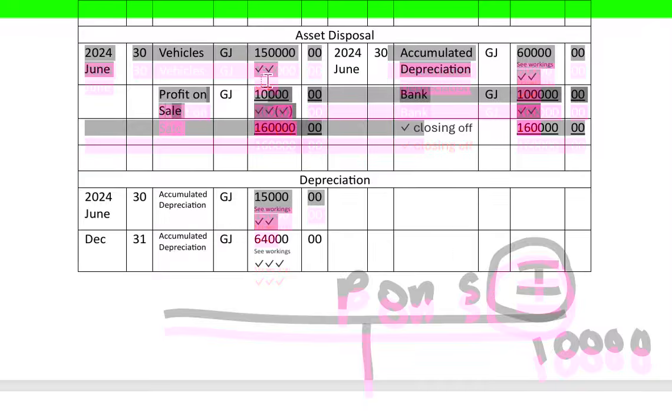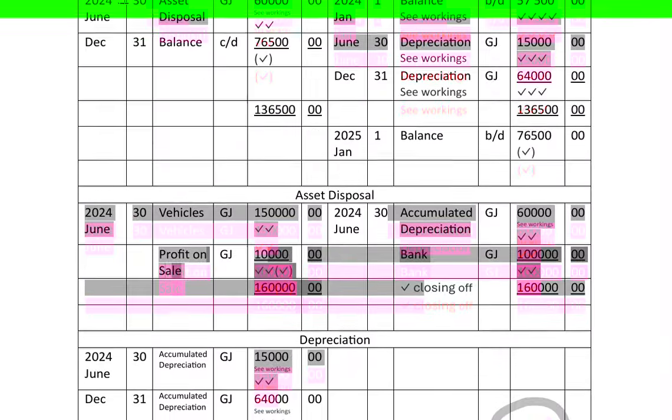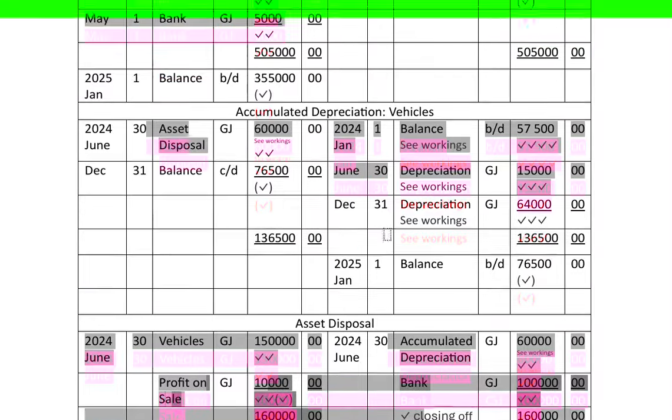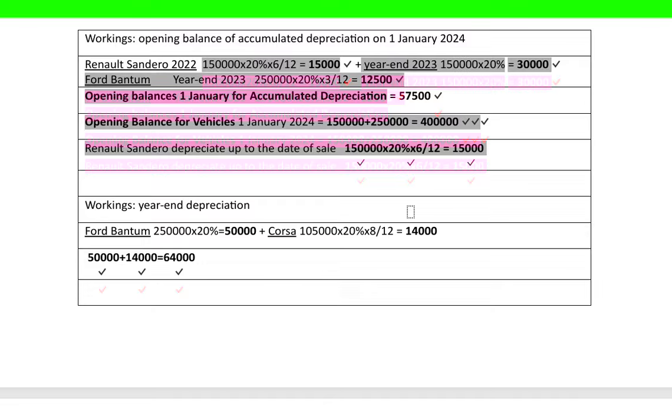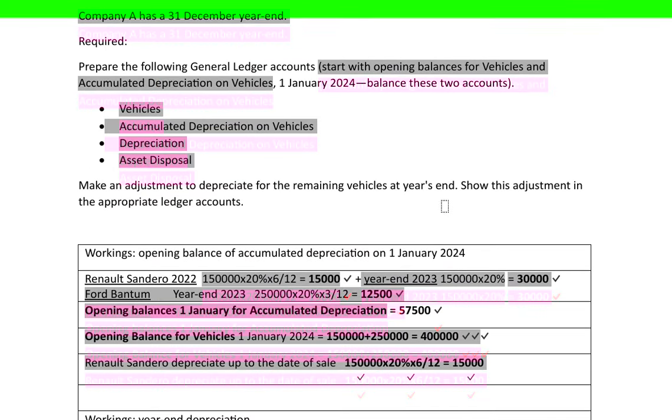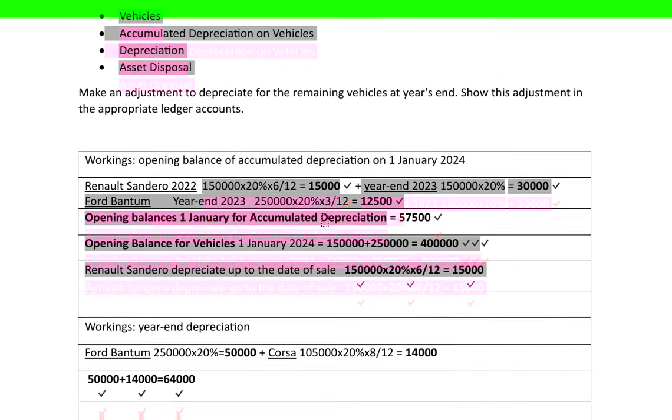So now we're nearly complete. What we still need to do, the question says, make an adjustment to depreciate for the remaining vehicles at year end. Show this adjustment in the appropriate ledger accounts.